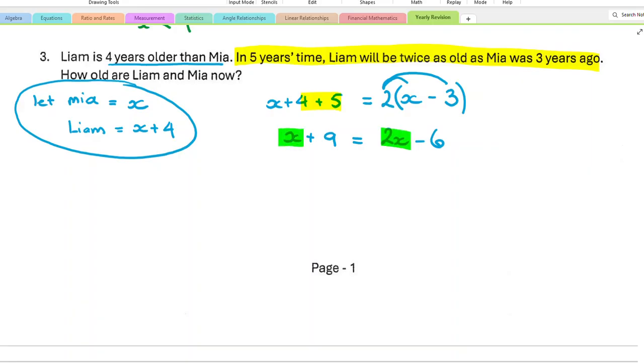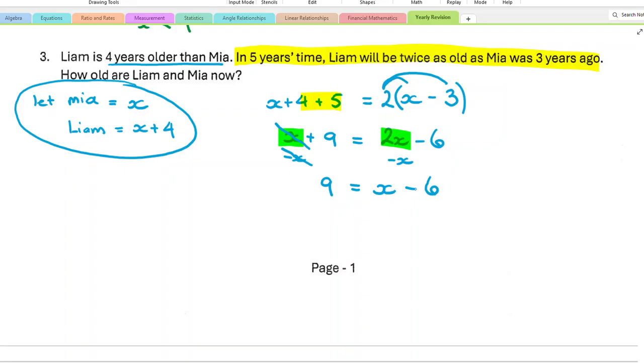I have an x on the left and a 2x on the right. I'm going to move the smaller x. So the opposite of the x is to subtract x from both sides underneath. That will get rid of the x on the left, and I will have 9 equals 2x take away x is 1x, or just x, minus 6.